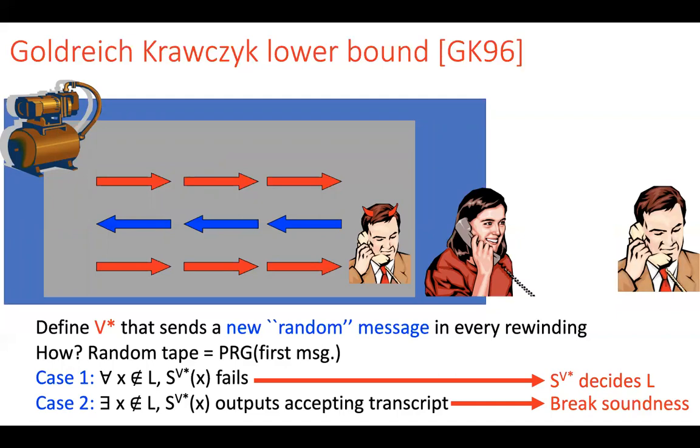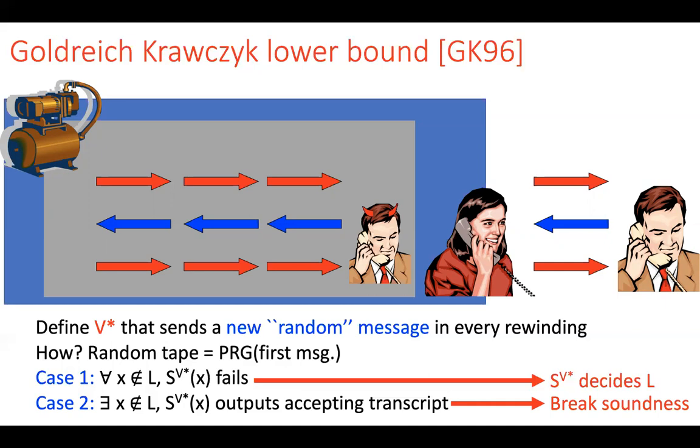Roughly speaking, the idea here is that this prover is going to try to take this accepting session from the simulator's rewinding and forward it outside to the honest verifier, so that whenever the transcript output internally by the simulator is accepting, the verifier externally will also be accepting.